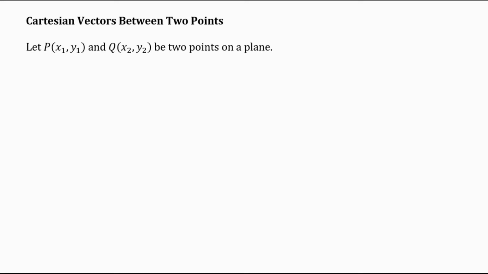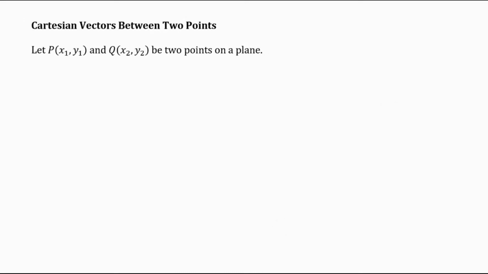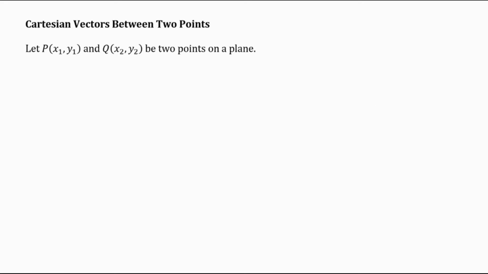So P is a point that has coordinates x1, y1, and Q is another point that has coordinates x2, y2. Okay, so let's draw this out first. So here's point P, and here's point Q. I'm just defining these randomly. Okay.